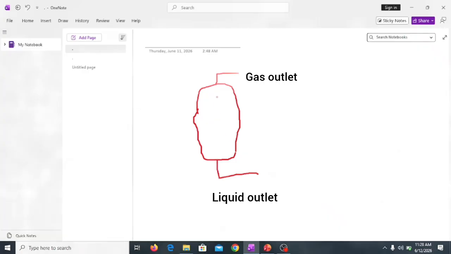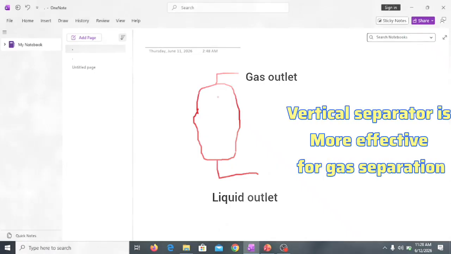So you can see that the reason we use a vertical separator is that when crude oil has much gas and you want to separate the gas, it's better to use a vertical separator because the gas will easily release via the gas outlet here. Sorry for my writing.